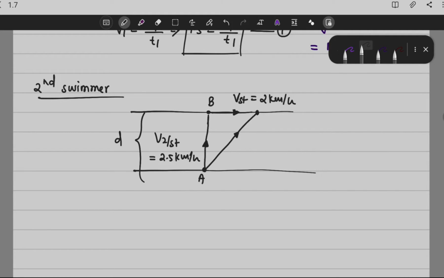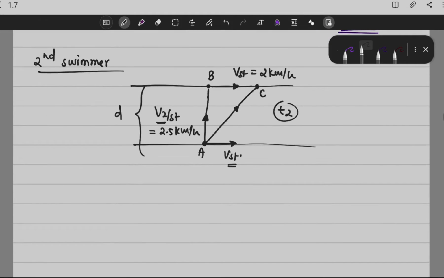We have said that from A to C it is taking time of t2, and at point A the actual velocity of the swimmer is having the vs2 in this particular direction and vst in this direction.